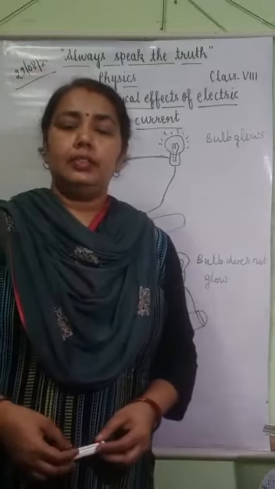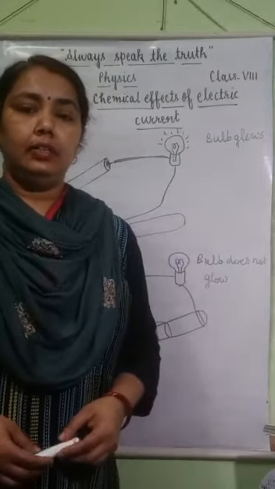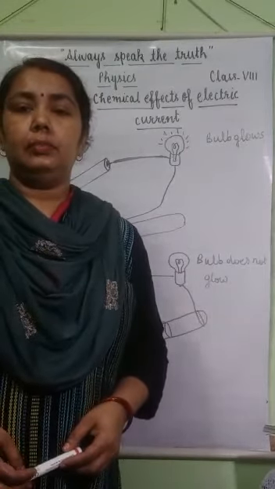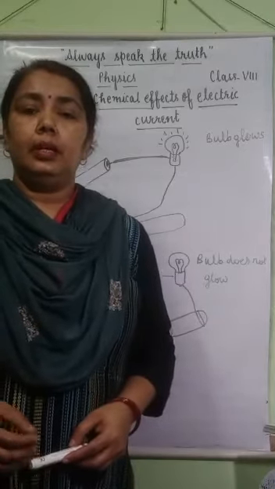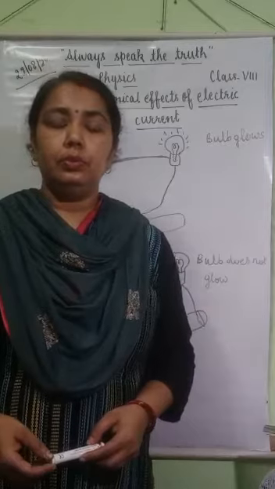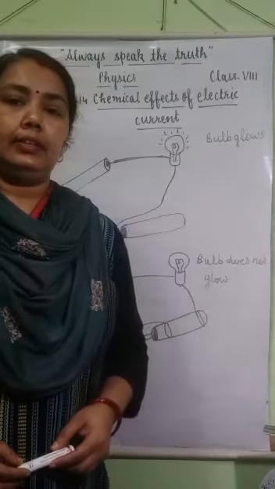So in this chapter we will learn how electrical energy is converted into chemical energy through some liquids. But before that we will learn some important terms used in chemical effects of electric current.